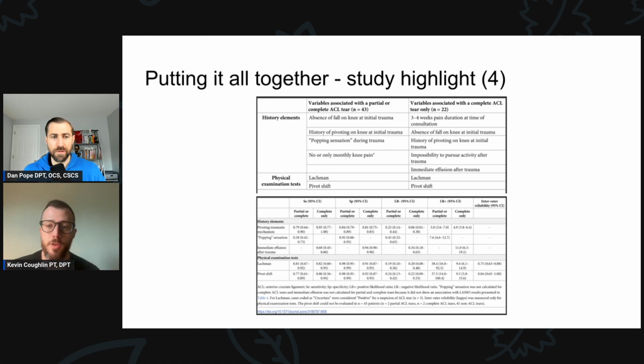The variables that were associated with a complete ACL tear only, so not a partial tear, was 3 to 4 weeks of pain at the time of the consultation, an absence of a fall on the knee at initial trauma, so same as the partial or complete tear, a history of pivoting on the knee with initial trauma.